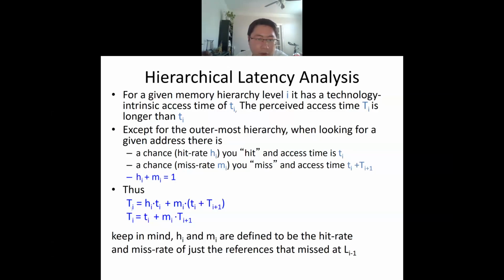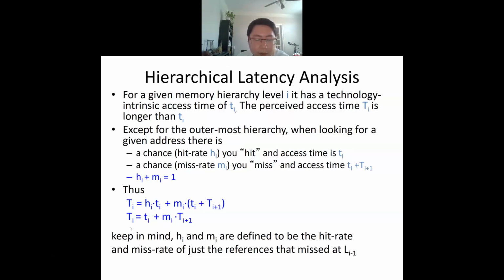Therefore, the big Ti is the probability you hit, and then you have this small ti, or the probability you miss, and then you need to go to the next level and spend this time. Then you can do a simple change, because mi plus hi is 1, so you can combine those two and get this equation.